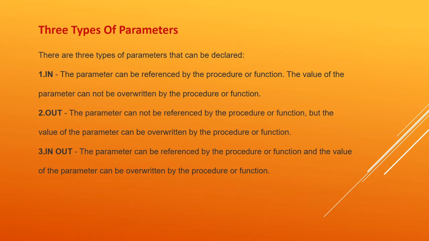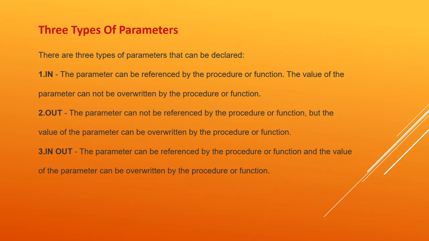So what is an out parameter? An out parameter is not meant to receive a value, but rather, once the program is executed, if the particular program has to return a value, then an out parameter is used. You can see here, the parameter cannot be referenced by the procedure or function, but the value of the parameter can be overwritten by the procedure or function.